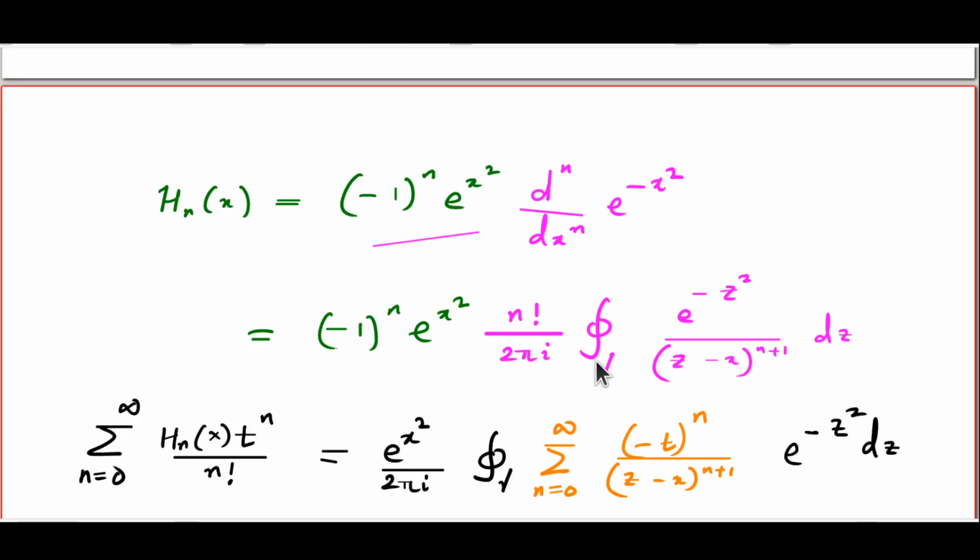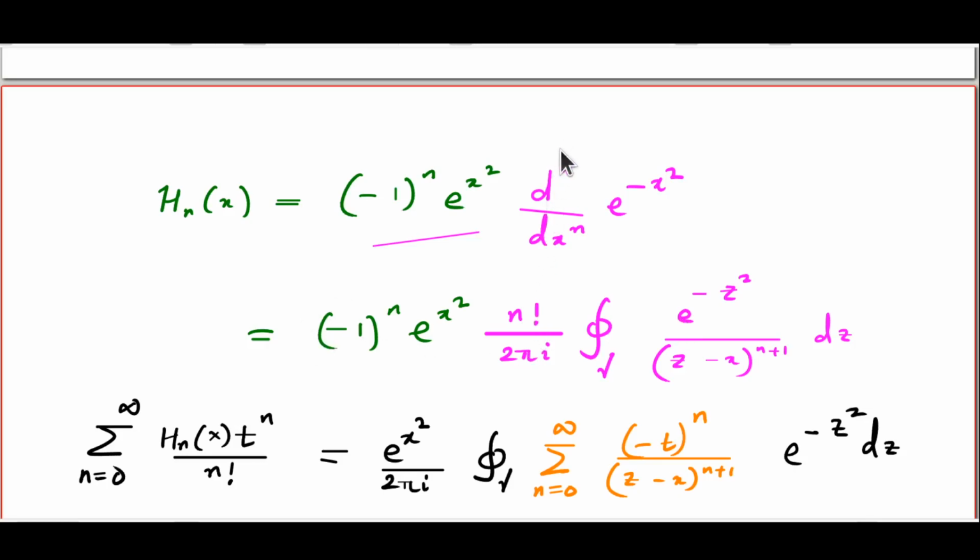Frankly, it could be any finite value whatsoever, because remember, all we demand is that the function sitting in the numerator be analytic inside the circle and inside a neighborhood which contains the circle. And e to the minus z square is an entire function. It doesn't have any singularity anywhere on the finite part of the complex plane. So any radius will do.